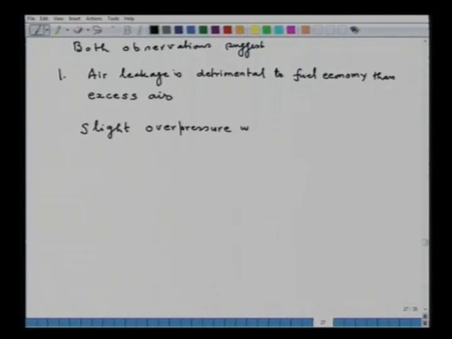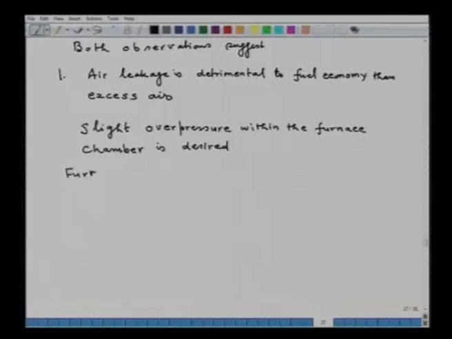within the furnace chamber is desired to avoid the leakage of air, but one should be careful that if the pressure inside the chamber is high, then the leakage of the products of combustion is very much possible.